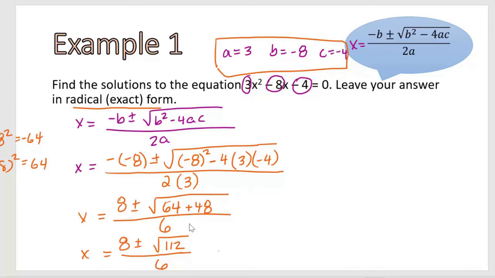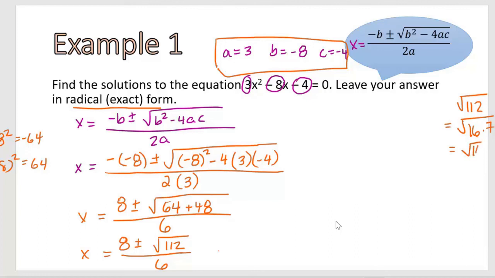Or perhaps we can simplify that radical. Well, the square root of 112, can that be simplified? Turns out 112 is divisible by 16. That's the largest perfect square that goes into 112. 112 divided by 16 gives us 7.